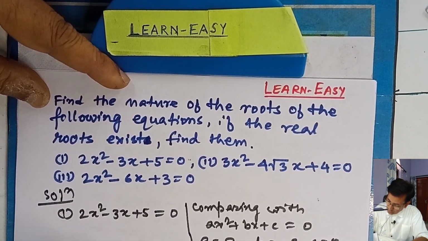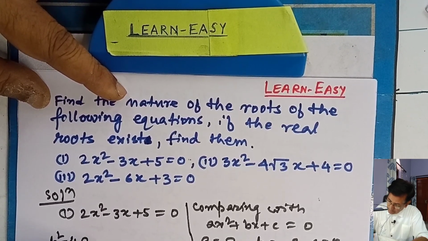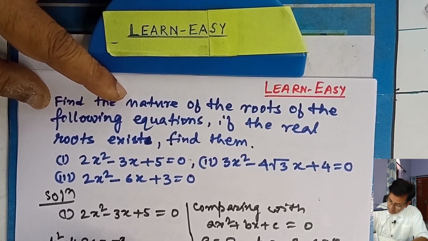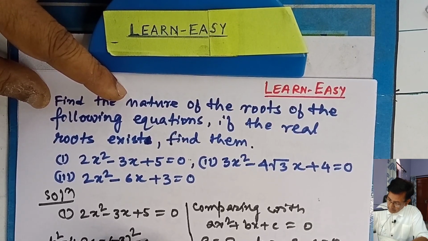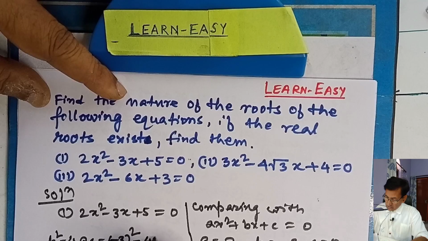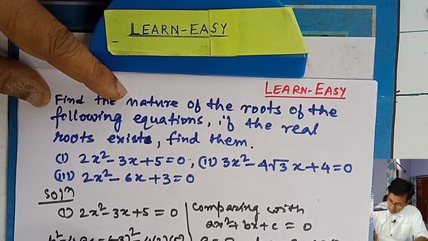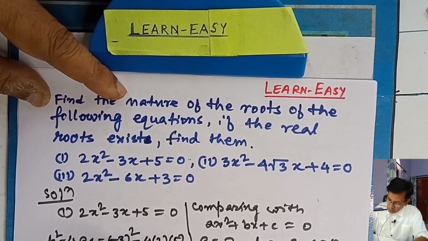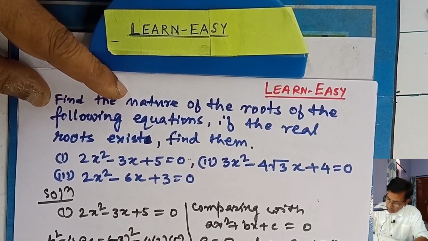Now we have to find out the value of the discriminant. So b square minus 4ac is equal to minus 3 whole square minus 4 into 2 into 5, which is 9 minus 40, equal to minus 31.